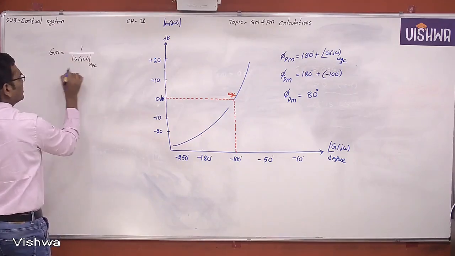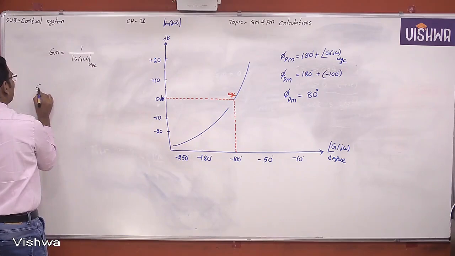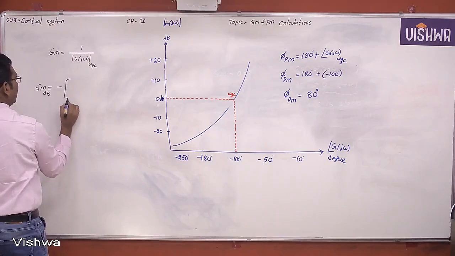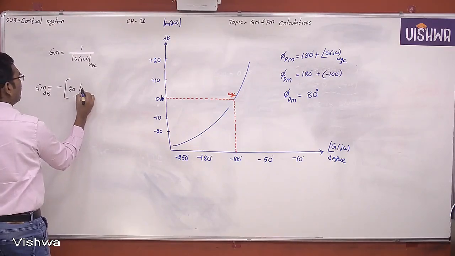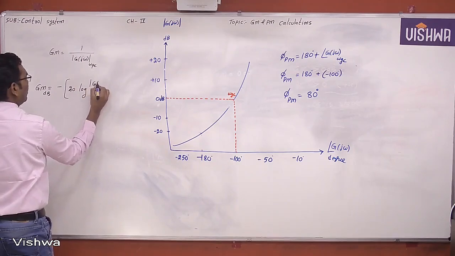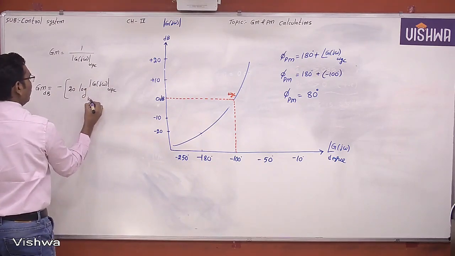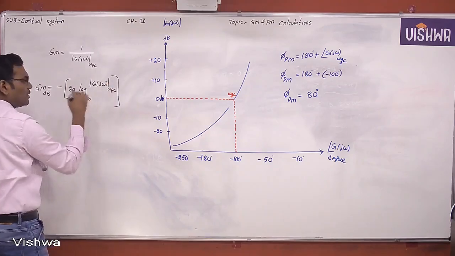This is in terms of magnitude. If I want it in terms of dB, the gain margin in dB is equal to minus 20 log magnitude of G(j omega) at phase crossover frequency, because of the reciprocal. This is the gain margin in terms of dBs.